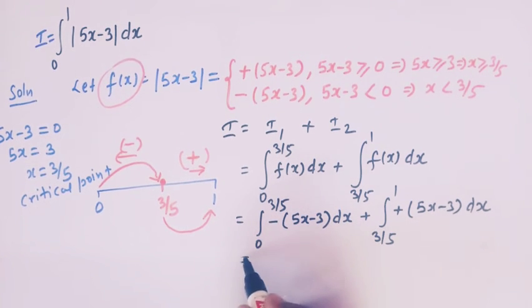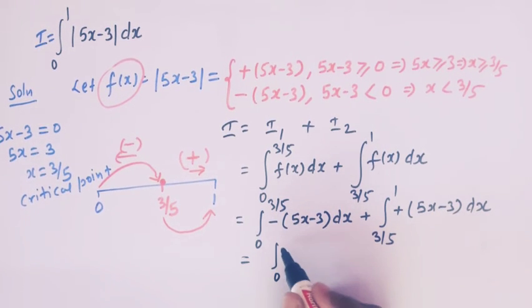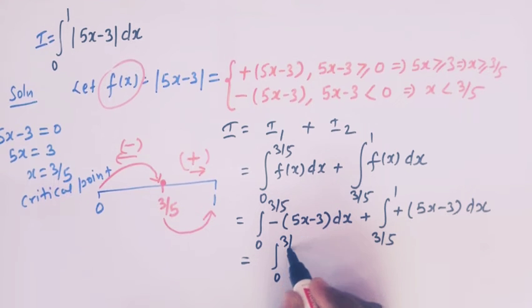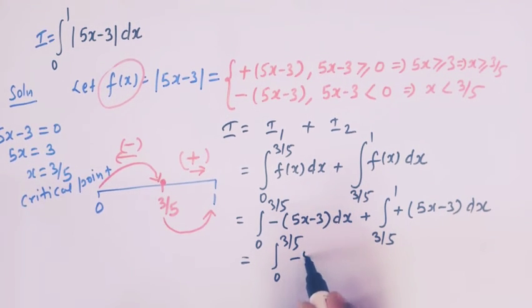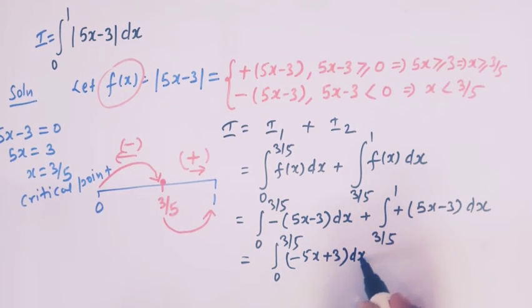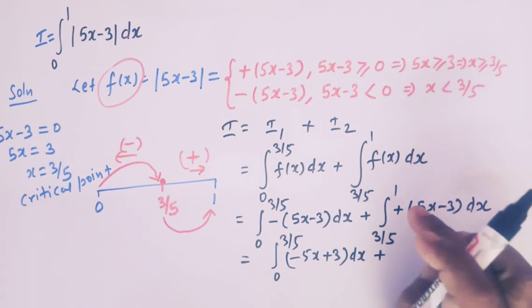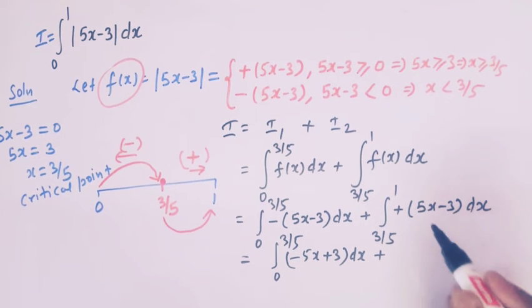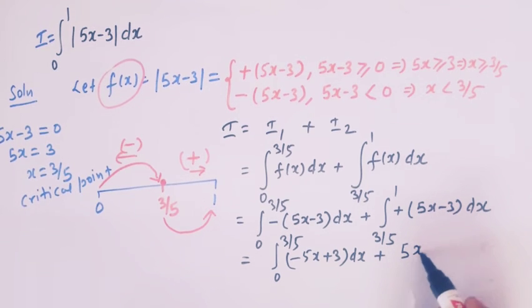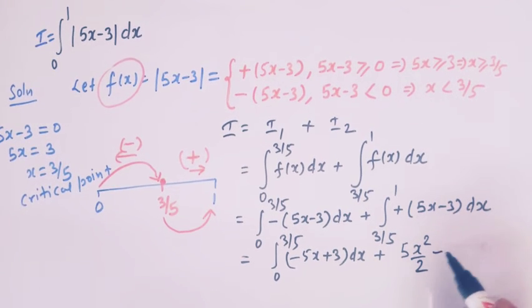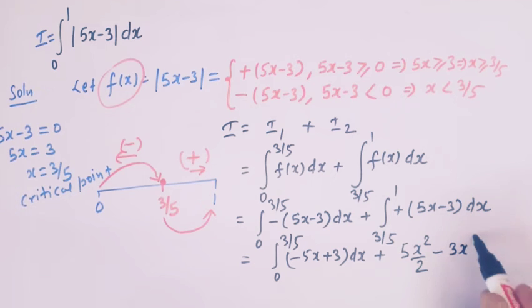Okay, so now here we can write 0 to 3 over 5, and here we have minus 5x plus 3 dx, and here we can write the integral of 5x as 5x square over 2, and here we have 3x, right?